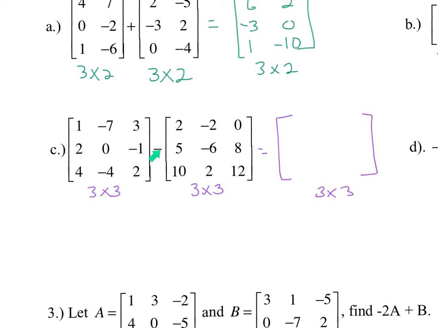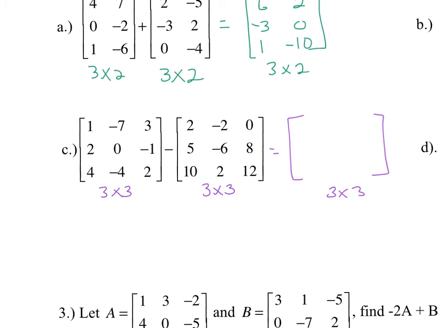So 1 minus 2, and negative 7 minus negative 2. Now be careful, negative 7 minus negative 2 is the same as negative 7 plus 2. And then 3 minus 0.